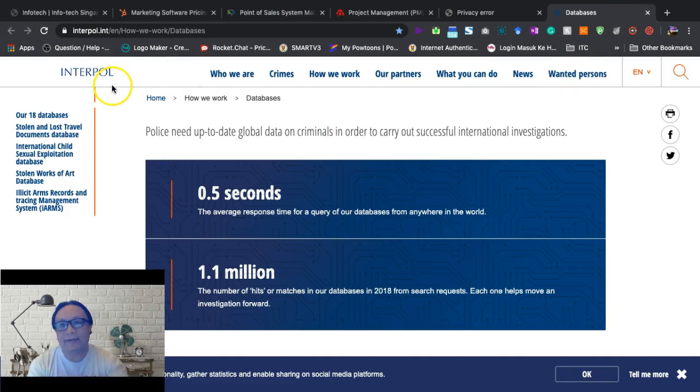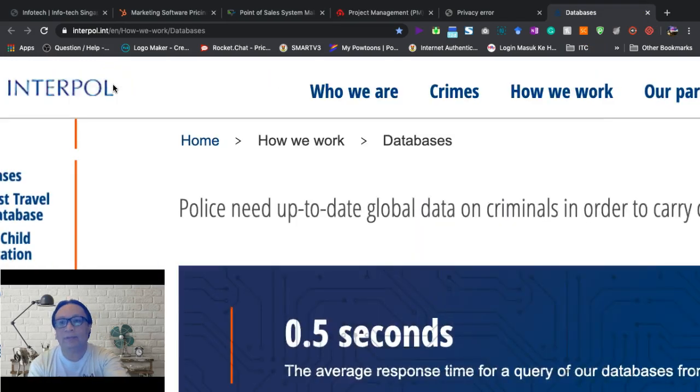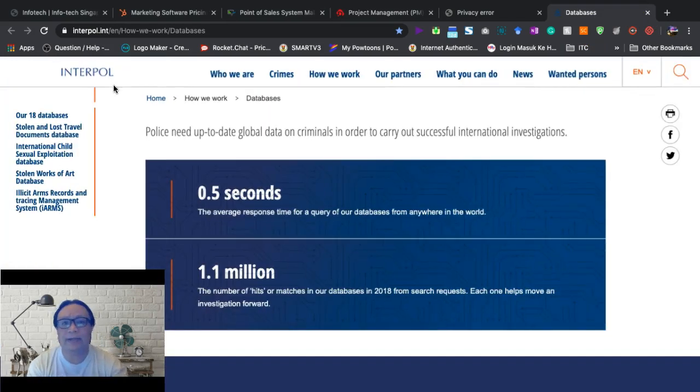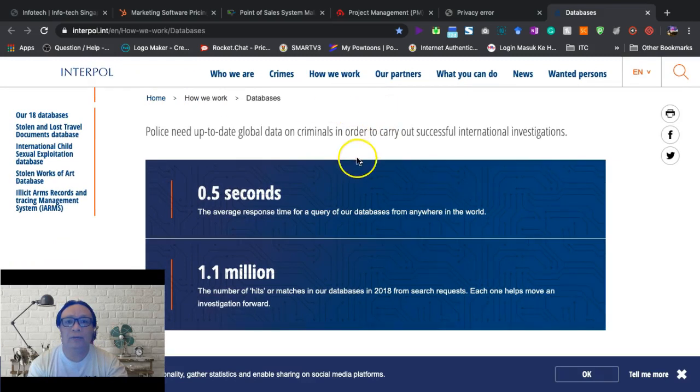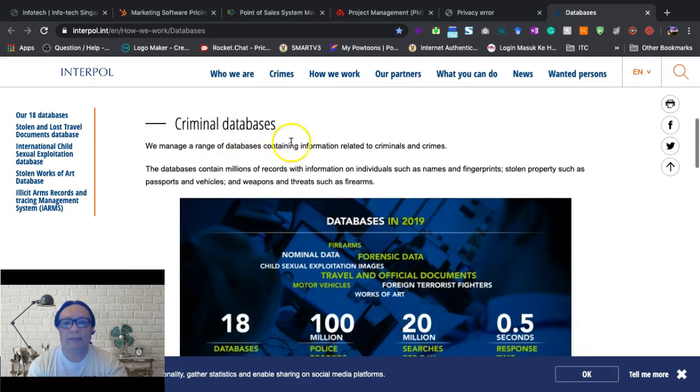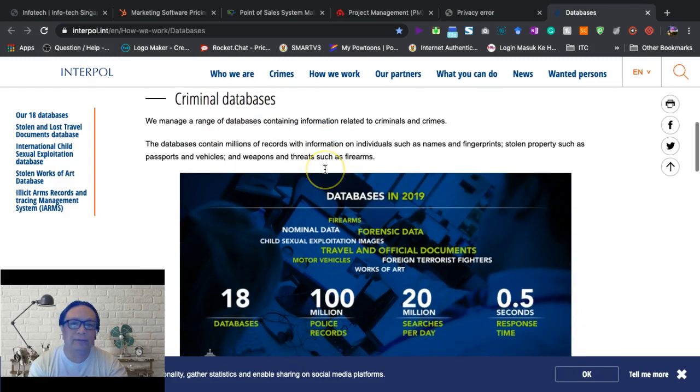Some of you might have known about Interpol, International Police, if I'm not mistaken. They have their own software which stores a database about criminals around the world. You can check on the FBI, the Federal Bureau of Investigation site if you want to know. So each organization has its own software.